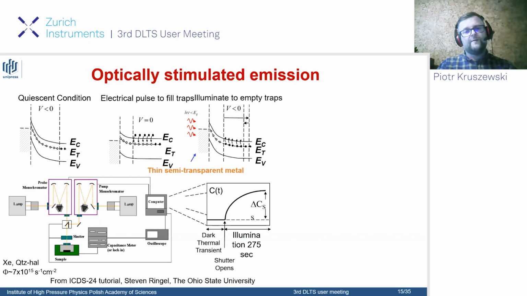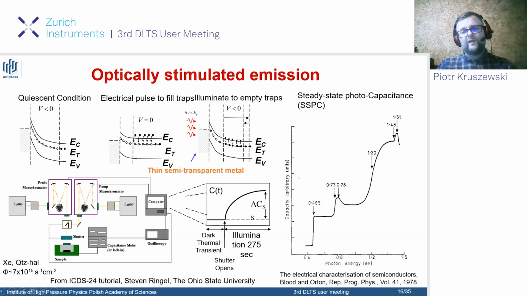If we apply photon energy which is exactly the distance from the trap to the conduction band, then the electron can be optically emitted from the trap into the conduction band, and we also will observe a capacitance transient, but this is an optical transient, not a thermal transient. So it means that at each energy where the resonance occurs, we should observe an increase in the measured capacitance.